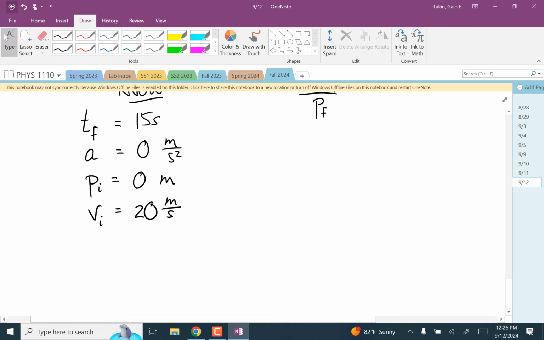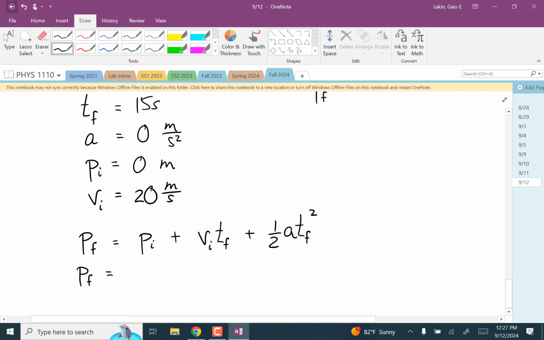Okay, so now do we have an equation that'll solve these? The one that should work is p final is equal to p initial plus v initial times time final plus 1/2 a time final squared.